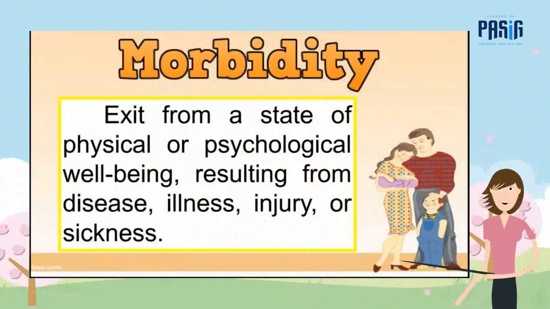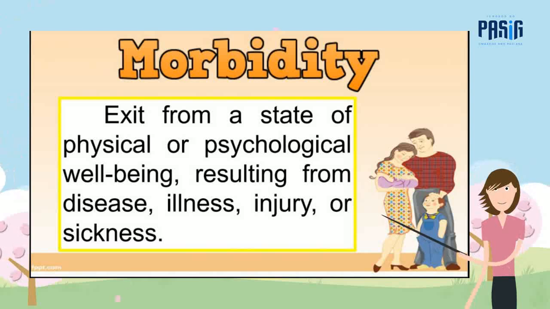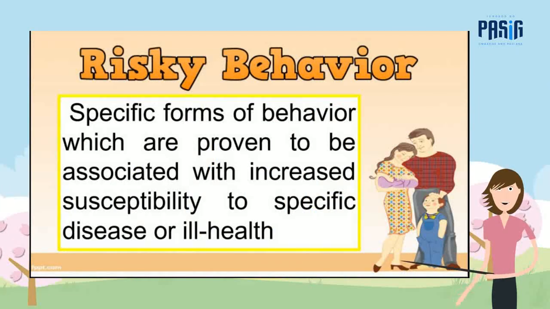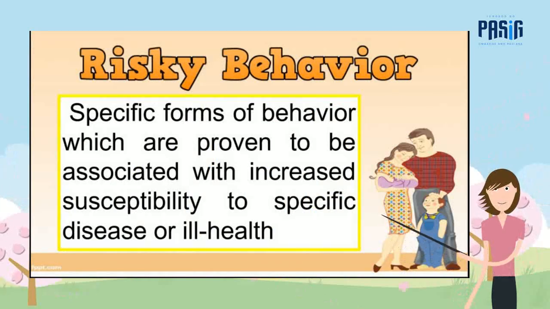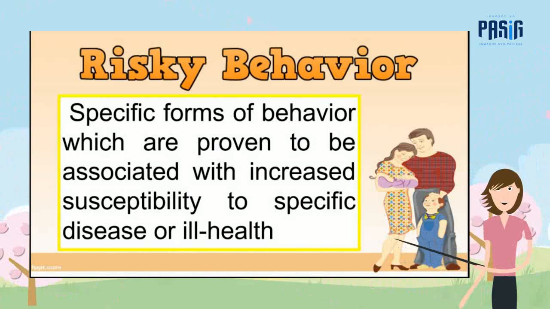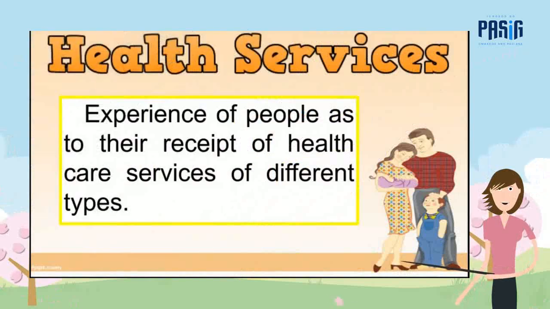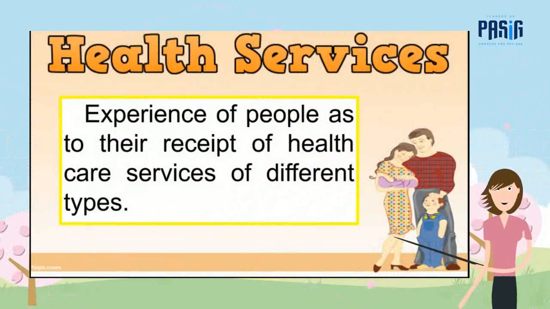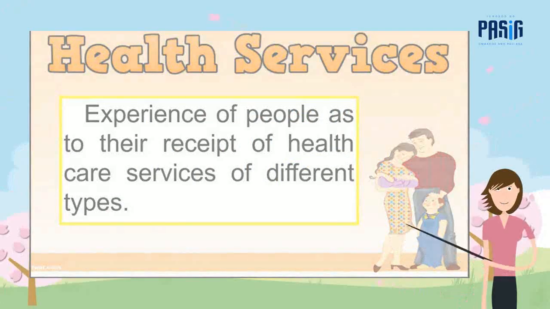For morbidity, this is a departure from a state of physical or psychological well-being, resulting from disease, illness, injury, or sickness. Risk behavior: specific forms of behavior which are proven to be associated with increased susceptibility to specific disease or ill health. And last, the health services. These are the experiences of people as to the receipt of healthcare services of different types of people in the society.